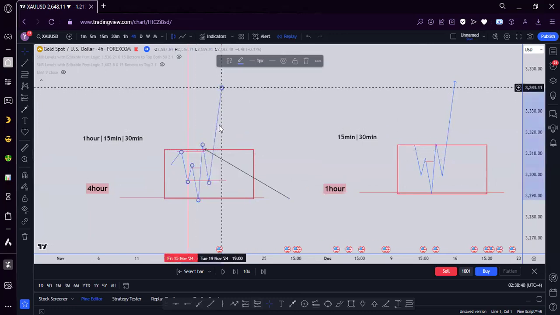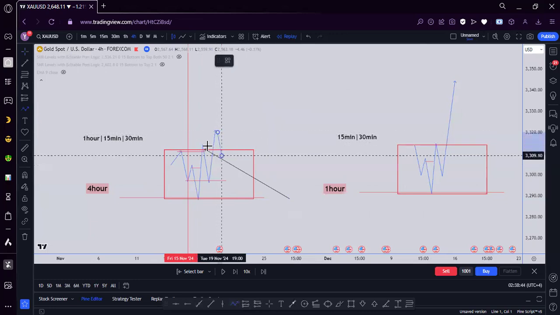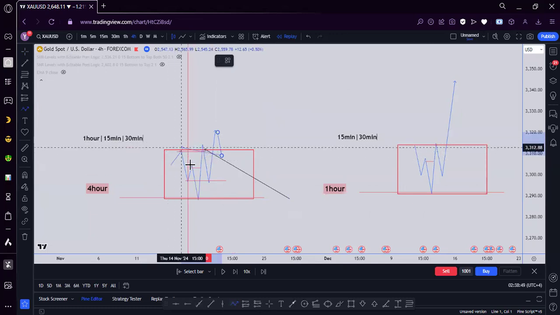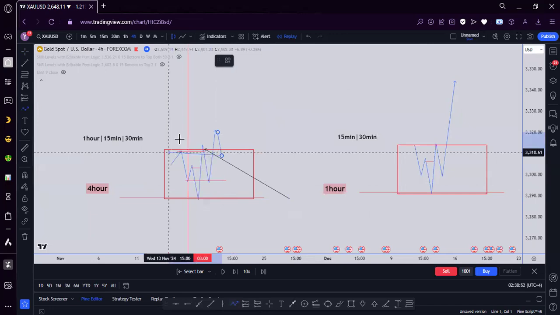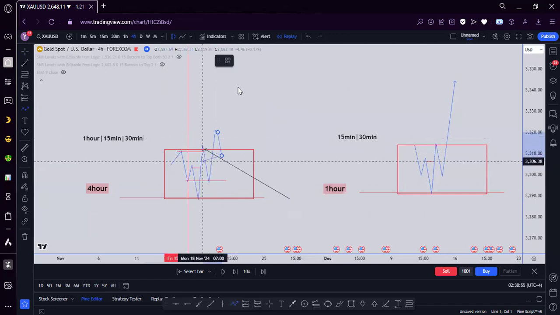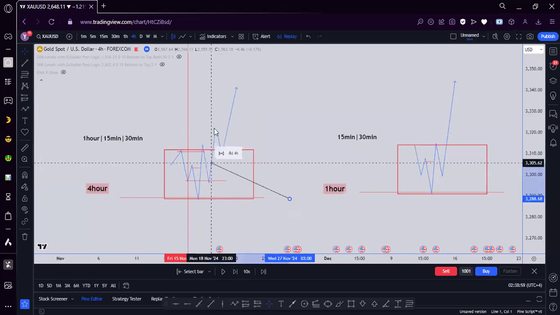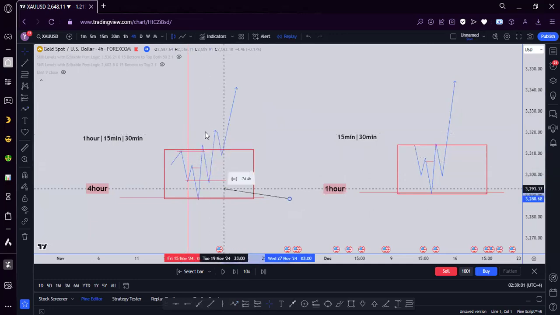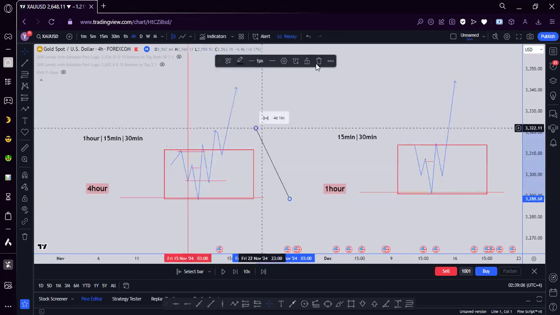Let's say the price pulls back right here. You can take another trade based on the external breakout. So the first trade is based on the internal breakout, and the second trade is based on the external breakout. Two beautiful trades from the same key, and the same with the 1 hour mini classic storylines.